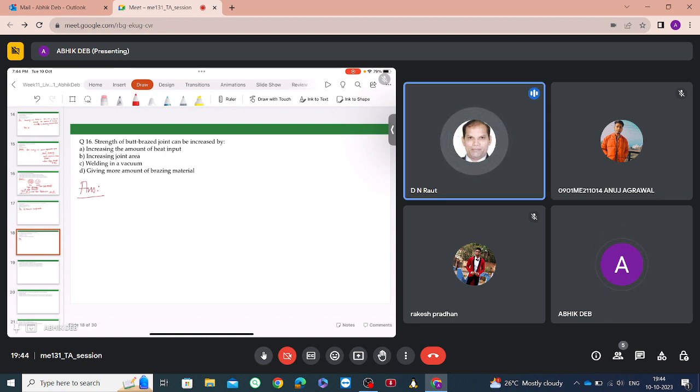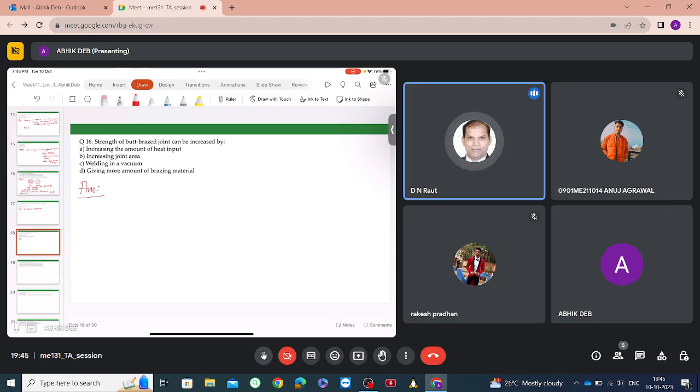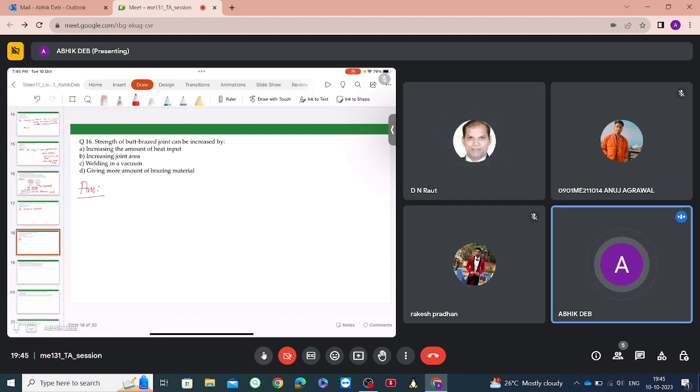Strength is going to be increased, or the joint is going to be... Good, we can say that. Is brazing the same as any other welding process? A little bit similar to soldering. Yeah, it is a little bit similar to soldering, but then what happens in soldering?